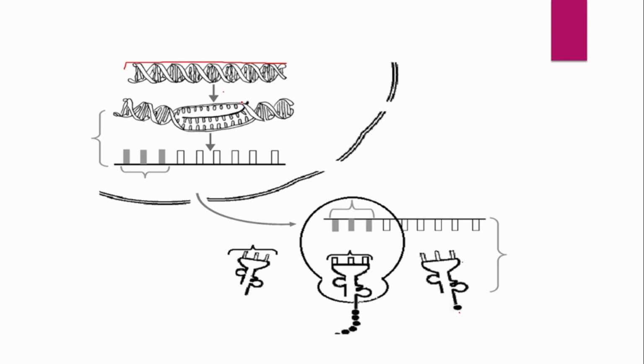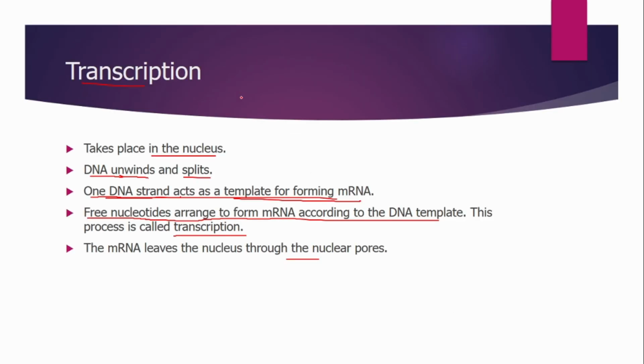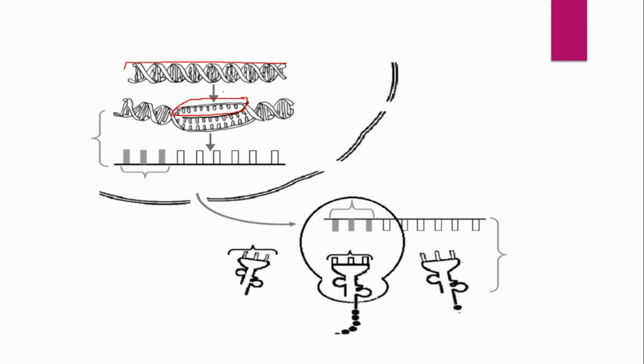So here is strand one, as a result of the DNA unwinding and splitting, and here is strand number two. One strand will act as a template for forming messenger RNA. So how is messenger RNA formed?